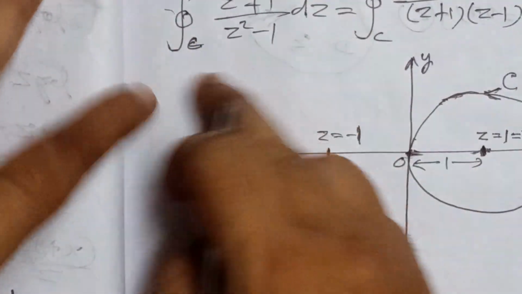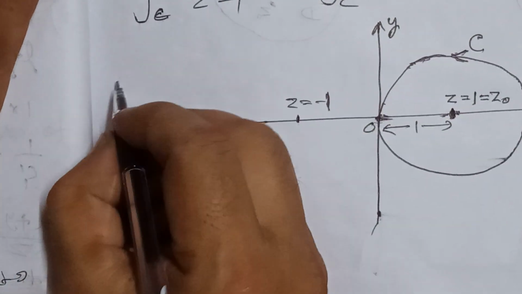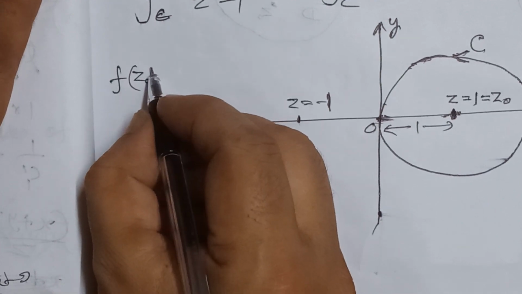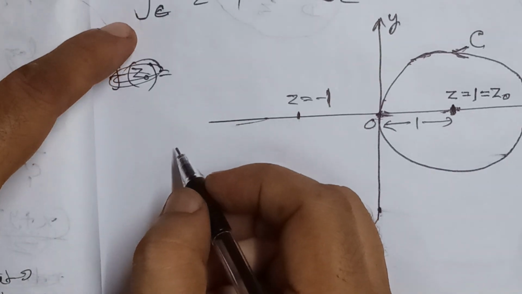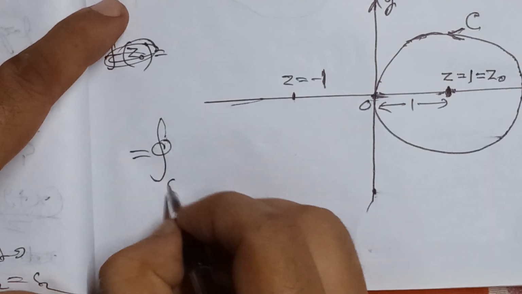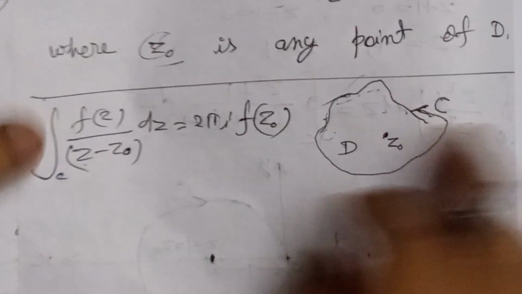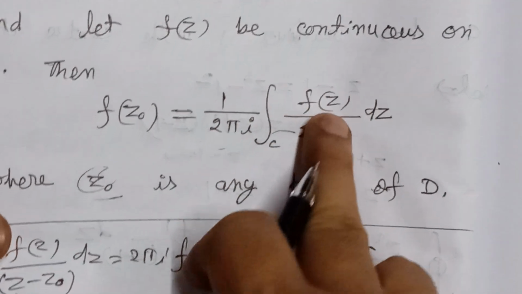So to find this value, we first find the value of z naught, and what is the value of f(z)? We can find it by changing this in this form.